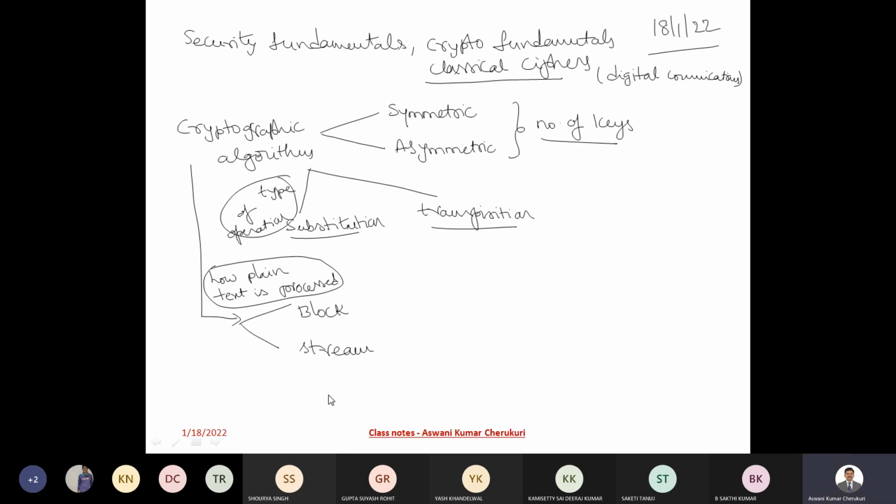I will just show you the diagram. Let me display this. Is this diagram visible?